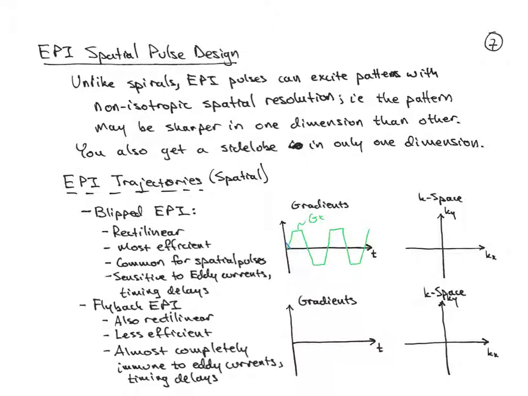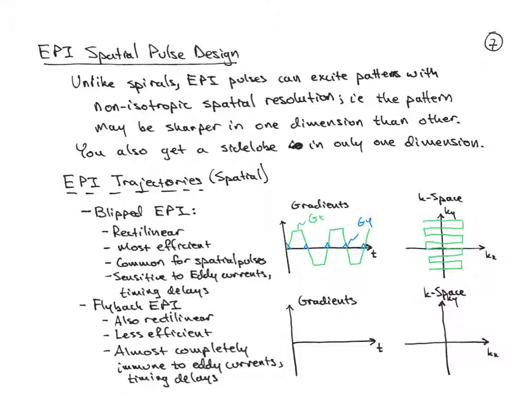So in the Y channel, we play a gradient blip between each plateau of the X channel. So the blue blips there are GY. And this gives us a k-space sampling pattern that is rectilinear. We start going left to right, and then go right to left, and alternate every other line.